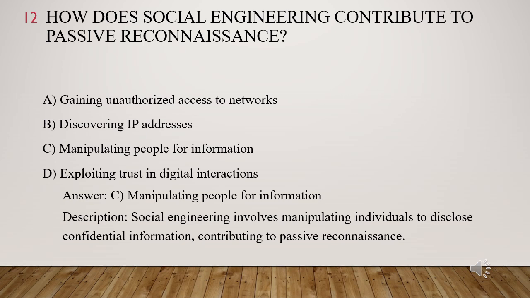Tailgating: physically following authorized personnel into restricted areas to gain access or observe sensitive information. Dumpster diving: extracting information from discarded documents or physical media to glean details about the target's network, users, or operations. By manipulating people's trust, curiosity, or fear, attackers can gather crucial information that aids in passive reconnaissance. This information can then be used to plan further attacks, identify vulnerabilities, or gain access to critical systems.